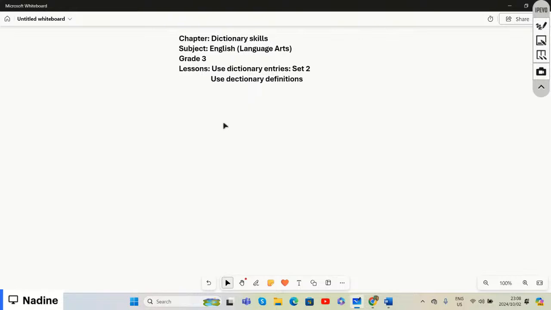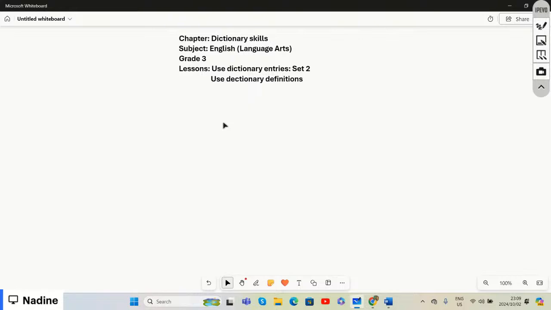They'll give you the pronunciation of the word, meaning how you say it or how you spell that word. They'll give you the part of speech of that word by saying if it is a noun, an adjective, or any other part of speech.